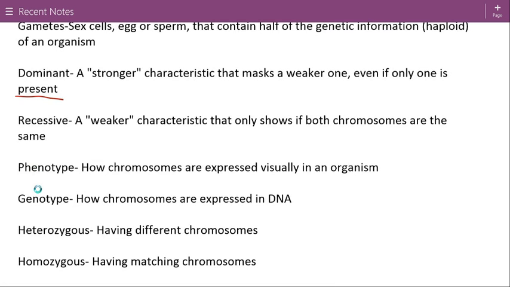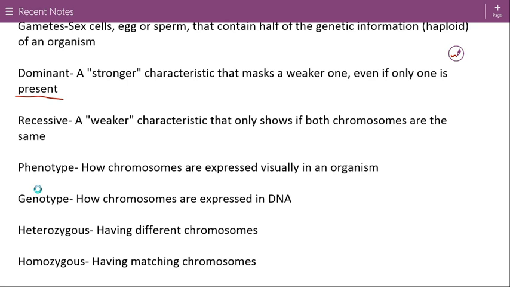Phenotype is how chromosomes are expressed visually in an organism. So with a dominant gene, a dominant characteristic, even if there's only one present, you're still going to see that dominant characteristic. But if there are two present, you're still going to see that dominant characteristic. So you're not necessarily going to know if there's one or two in the case of a dominant gene.